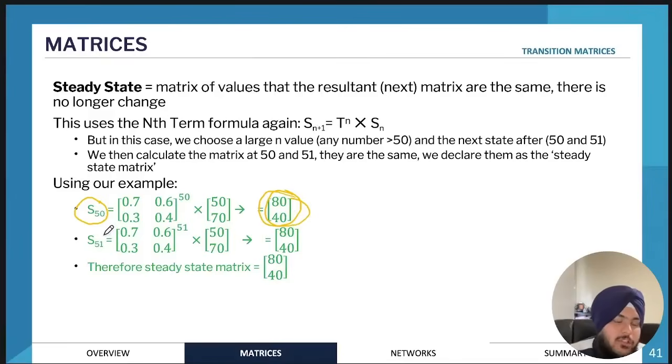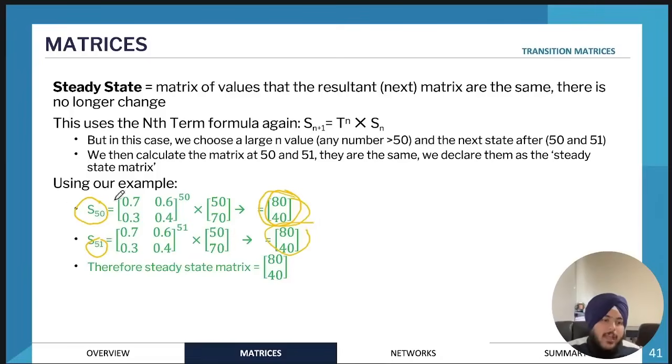And then to prove that this is the steady state, you would need to find the state matrix on the very next day, so the 51st day. And if that is the same, that means that this is the steady state matrix. So that's essentially how you would prove it.